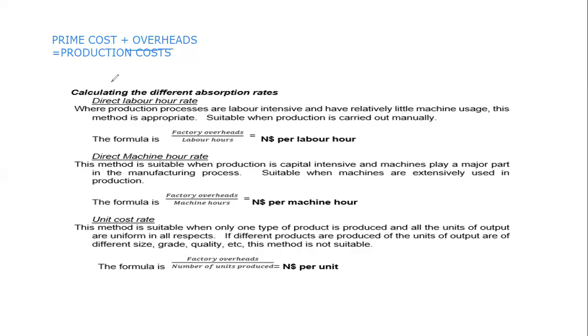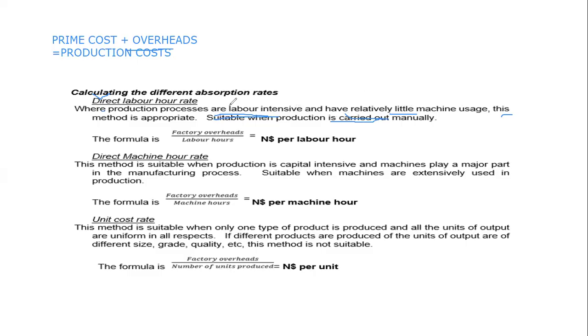The first rate is the direct labor rate, where the production processes are labor intensive and they have relatively little machine usage. This method is appropriate, suitable when production is carried out manually.